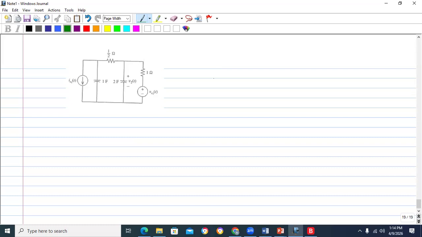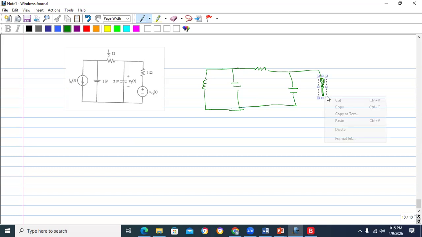Like this. Okay. So let's put the inductor here, and capacitor. And there is another resistor and capacitor and resistor, and this is the voltage source.